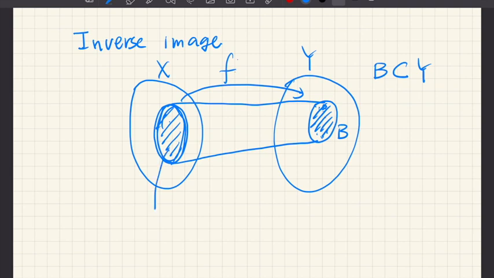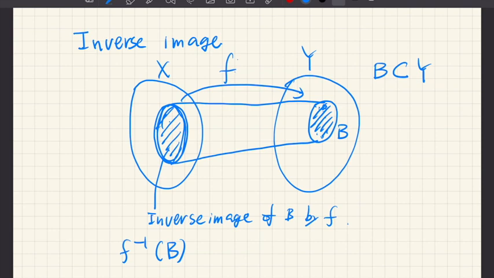And this is the inverse image of B by f. And we write it as this.